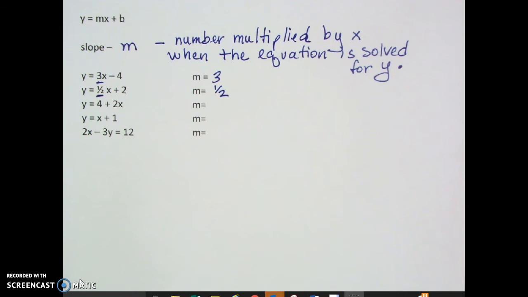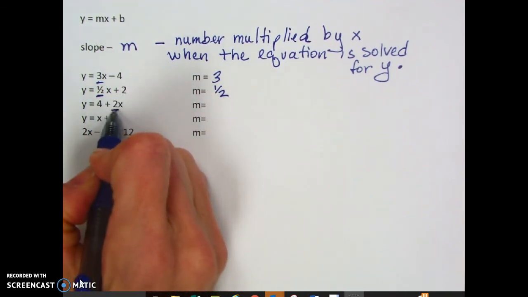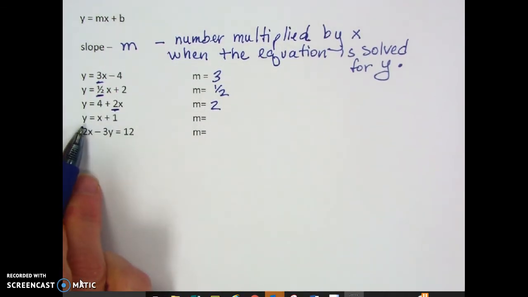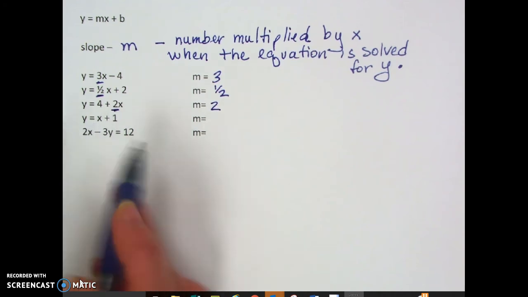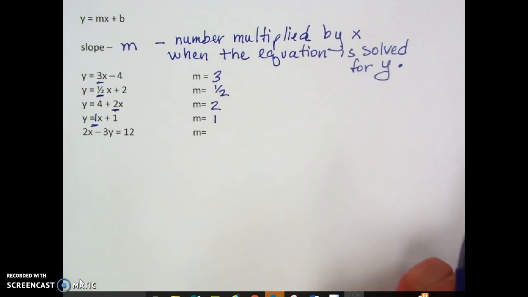Ooh, the next one, what's the slope? Be careful. Yep, it's the 2, the number that's in front of or multiplied times the x. Oh, what's the slope on this one? If there's no number there, what's implied to be there? A 1. So the slope on this one is 1.